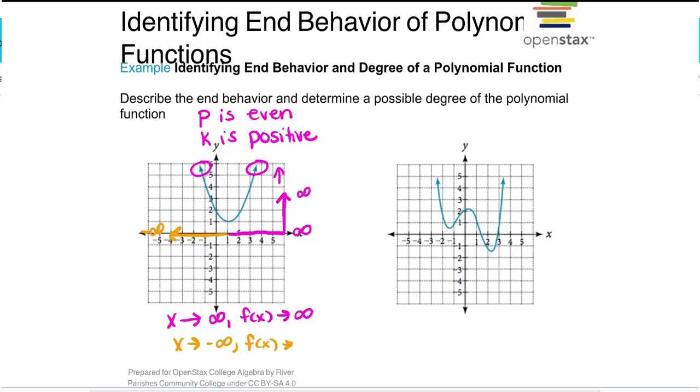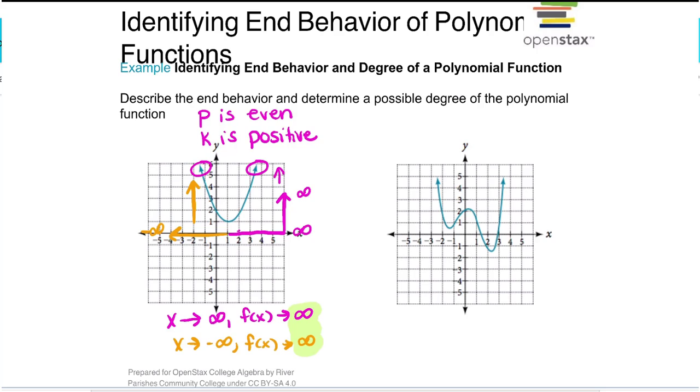Well, the arrow is pointing up. So it is approaching positive infinity as well. And remember what I told you before, that the end behaviors for even exponents, even degrees, will point in the same direction.